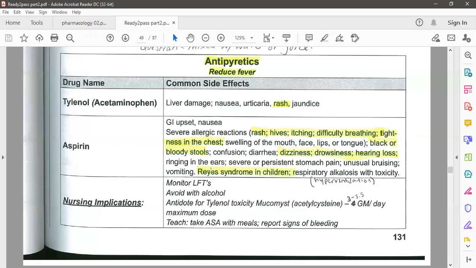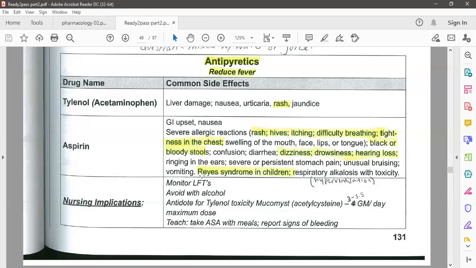Its name is here, Reye syndrome. So let me recap it. Do not give to children with flu-like syndrome because of the chance to develop Reye syndrome, and also stop taking it 1 week before surgery. So if your patient has to go for a surgical operation, it is better to stop at least 1 week before surgery.